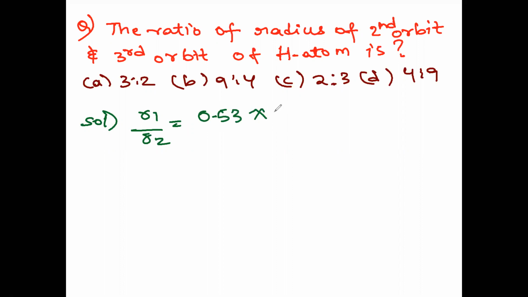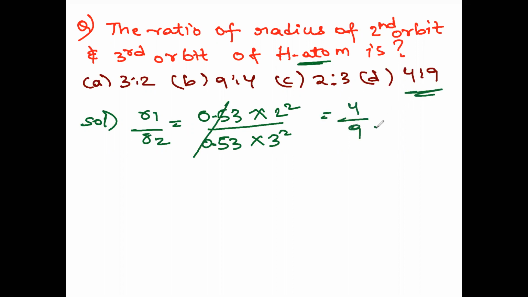Here n square is 2 square for the second orbit, divided by 0.53 into 3 square for the third orbit. 0.53 gets cancelled. So it is 4/9. Answer is 4:9, so fourth option. So this is clear. Next question.